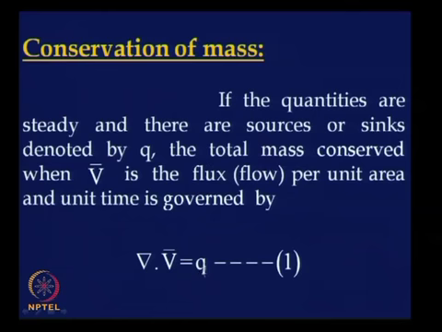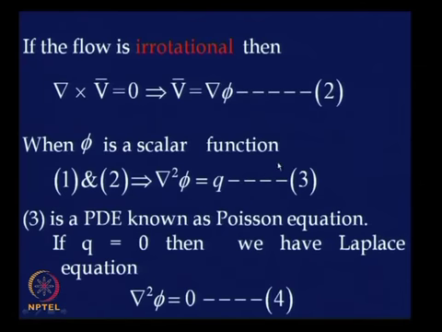When there are no sources and sinks, Q will be 0. Now, let us consider another physical concept. When a flow is irrotational, we generally represent it as curl of V is 0. As you know, the curl of a vector represents rotation. So, when curl of V is 0, the flow is called irrotational.